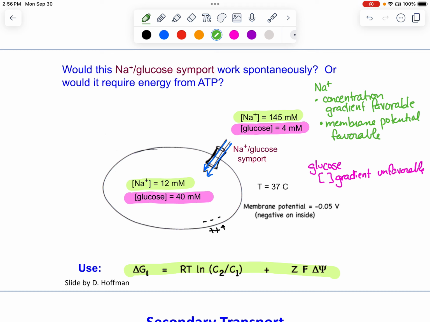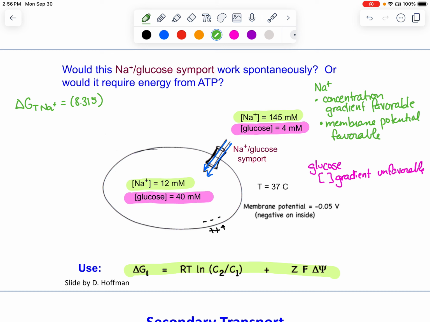And so for sodium, if I'm going to calculate that, the change in the total Gibbs free energy for the sodium ion, we know it's going to be R times T, 8.315. I'm going to leave off my units, which is a horrible example, except we did those clearly in the last video, and it will give us a little bit more space.